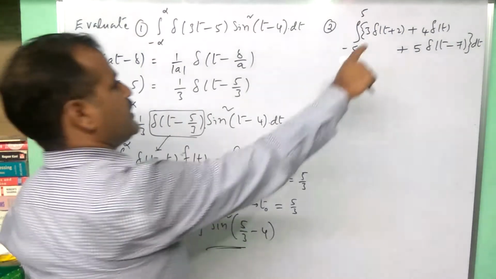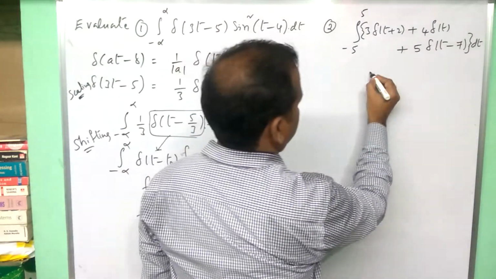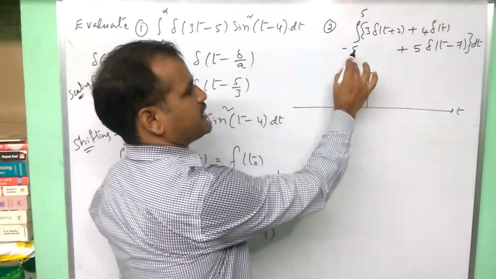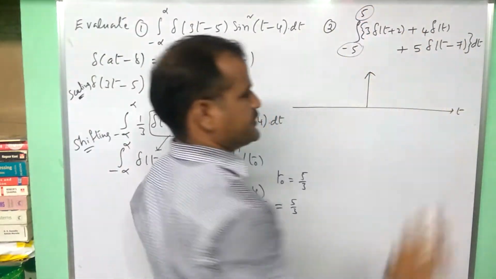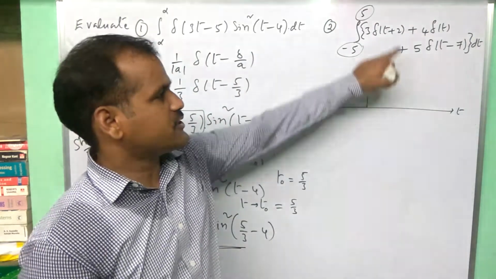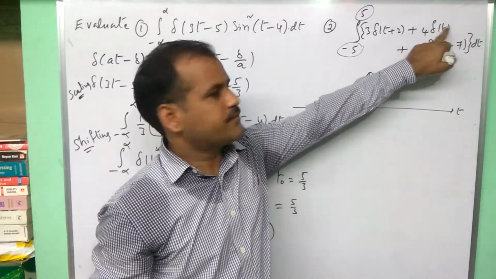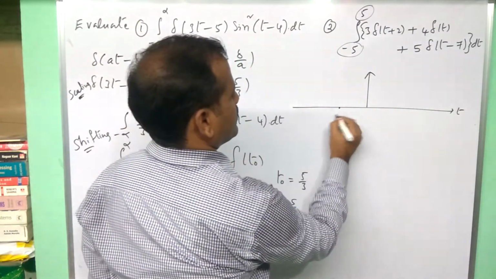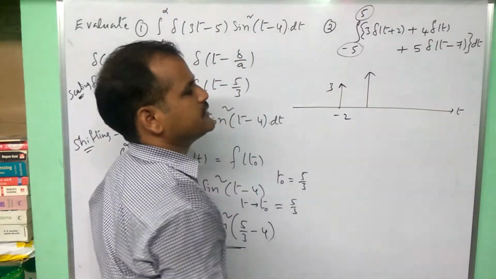Fine. Similarly, let us solve that one. Here, I am plotting the signal graph first. This is integration from minus 5 to plus 5. We have three impulse functions. The first function is a left shift by 2, so at minus 2 there is one impulse function with amplitude 3.